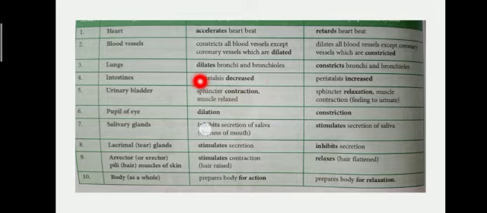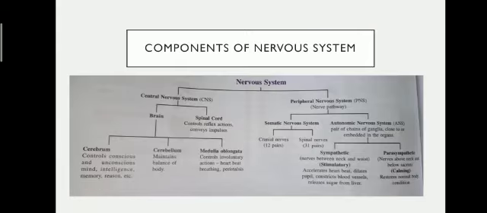In the intestine, peristalsis decreased is the function of the sympathetic nervous system, and peristalsis increased is the function of the parasympathetic nervous system. So here are some examples which we can see in case of the sympathetic and parasympathetic nervous system.